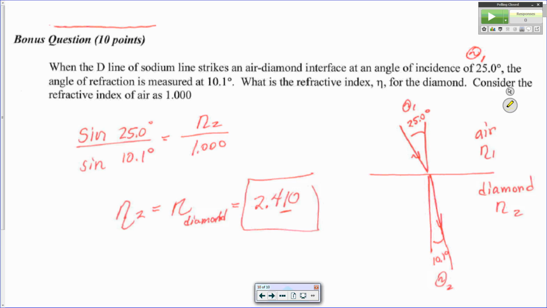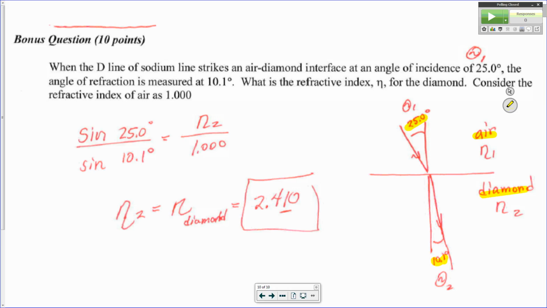And then finally, I gave you a bonus question. We didn't really work an example like it, but we talked about Snell's law, which is the equation used to solve this. I tell you that the D line of sodium strikes an air-diamond interface at a certain angle. The incident angle is 25 degrees, so it's coming in at 25 degrees in air. And I tell you the refracted angle is measured at 10.1 degrees inside of the diamond.